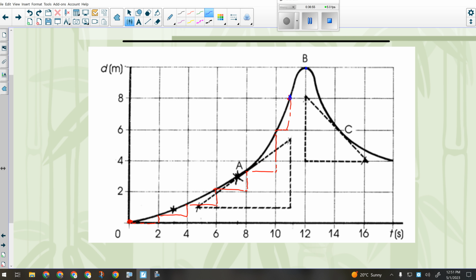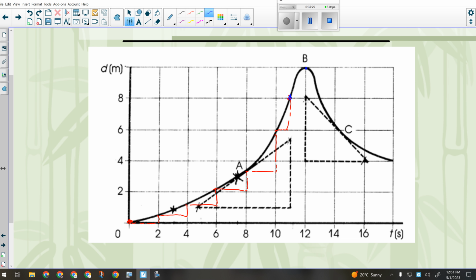And then once I get past B, the line starts to get steeper again until about here, and then it starts to get flatter again. So over this part of the graph, the object slows down and then for an instant stops and then speeds up in the other direction. And then at the end, we can see that it's slowing down and coming to a stop because the line gets flat again right at the end.